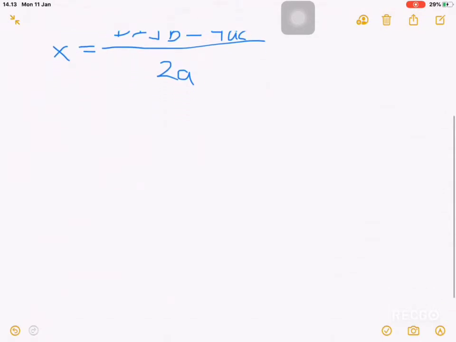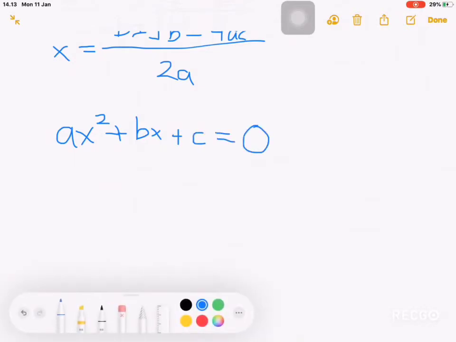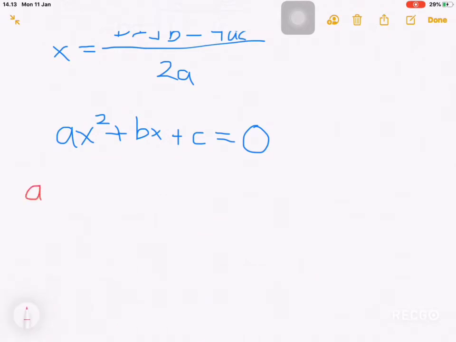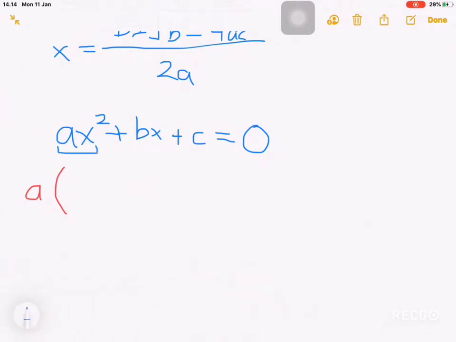First of all, I'll just rewrite the original equation, the standard form of the quadratic equation, like so. And next we're going to factor out an a out of here. We're going to be left with x squared right here, and right here we have b over a x.